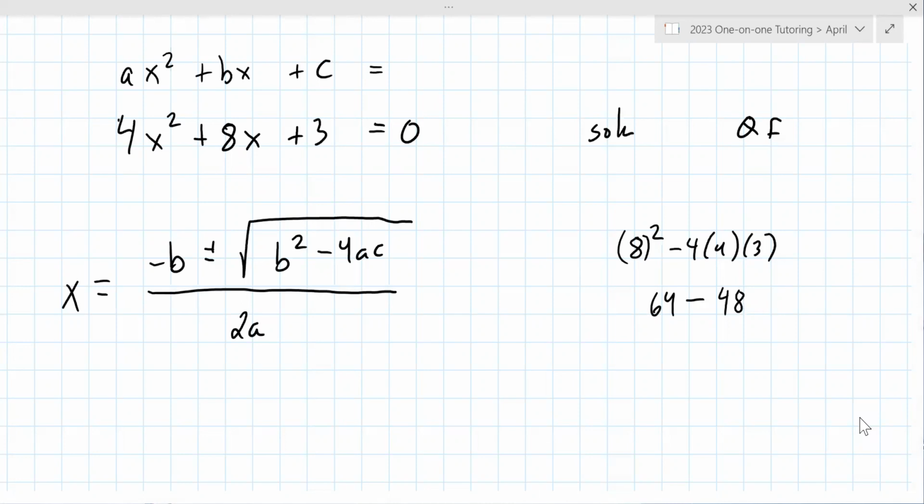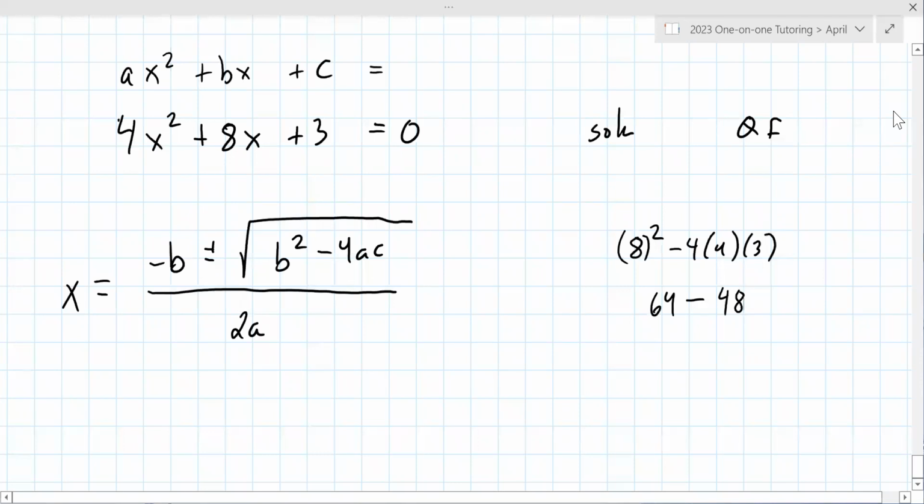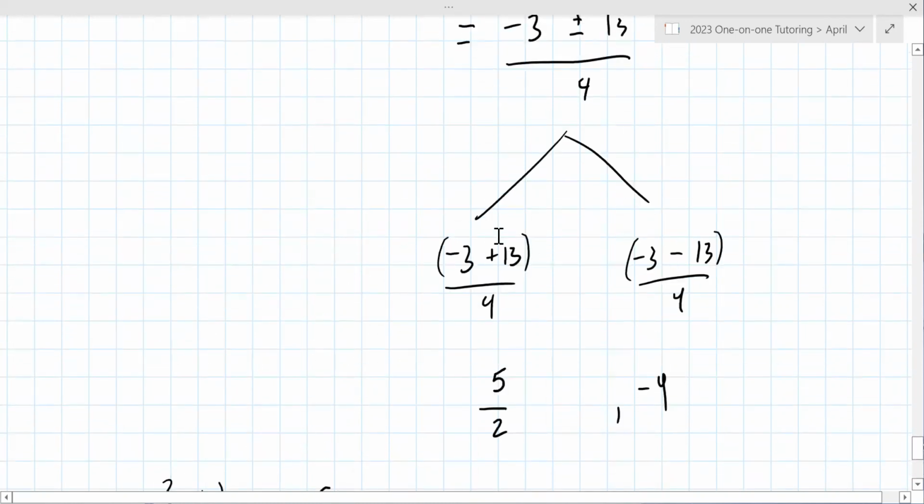-8 plus or minus the square root of 16 over 8. And -8 plus or minus 1/2. So I got x equals -8 plus or minus 1/2. Okay, we've done this a few times: you've got to do the numerator first, then divide by the denominator.